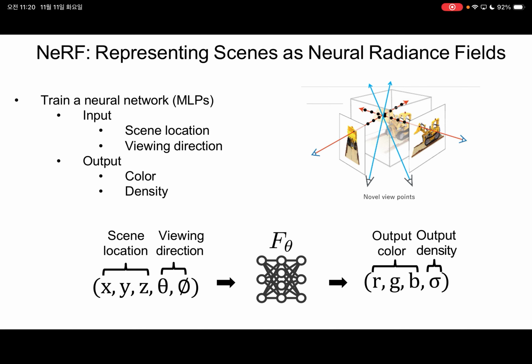Input is 5D: scene location and viewing direction. We learned implicit function, right? Quite similar. It takes an XYZ coordinate in the world coordinate system, and then viewing direction, and then for each point, it outputs color and density. We will see one by one.